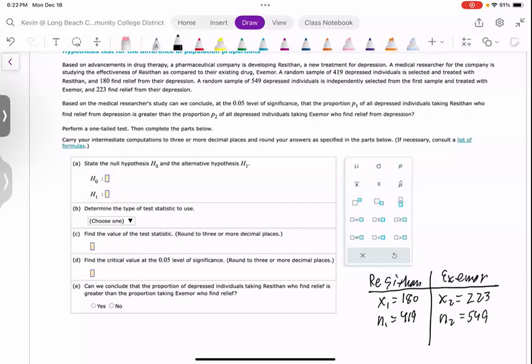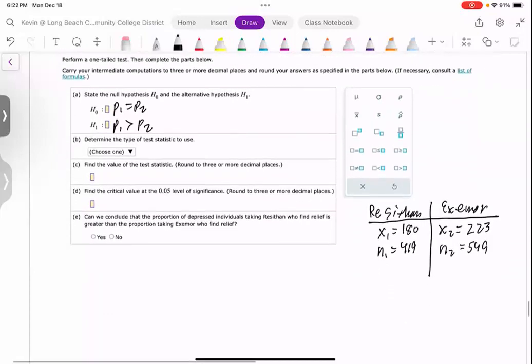Based on the medical researcher's study, can we conclude at the 5% level that the proportion of all depressed individuals taking Resithan who find relief from depression is greater? So let's start here: p sub 1 equals p sub 2. And now we're saying p sub 1 is bigger than p sub 2, making that a right-tailed test.